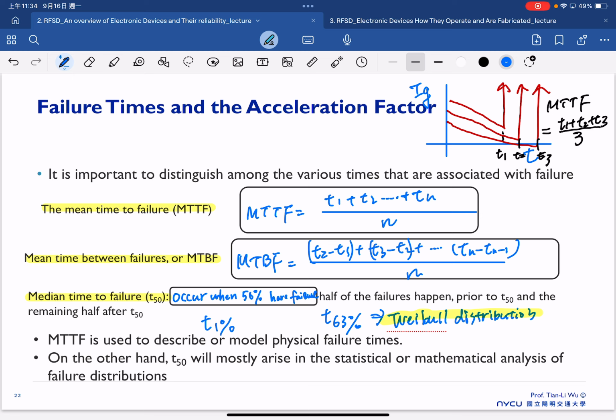We always use this kind of classical mathematics to understand semiconductor device behavior, or when we use this equation for semiconductor modeling. We will discuss the Weibull distribution later. MTTF is used to describe or model the physical failure time. On the other hand, T50 mostly arises in the statistical or mathematical analysis of failure distribution. So we will talk about T50 or T63 later when we talk about the distributions.